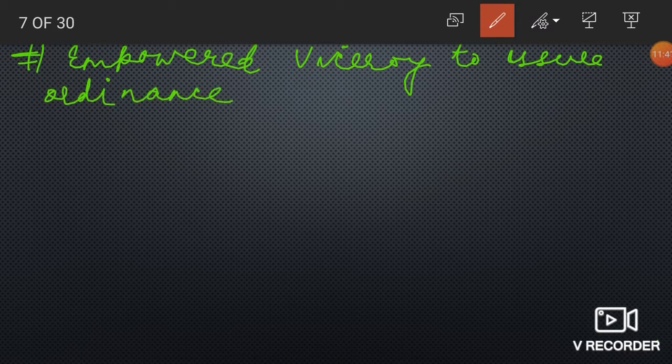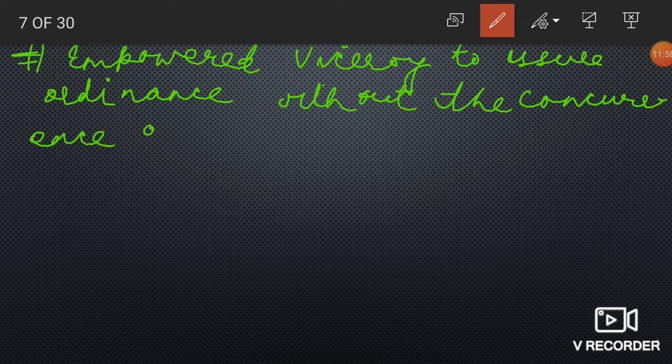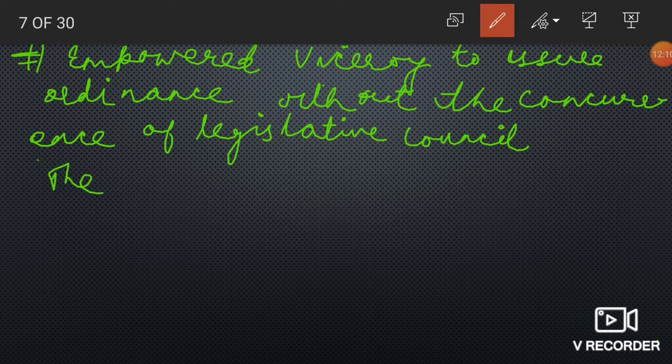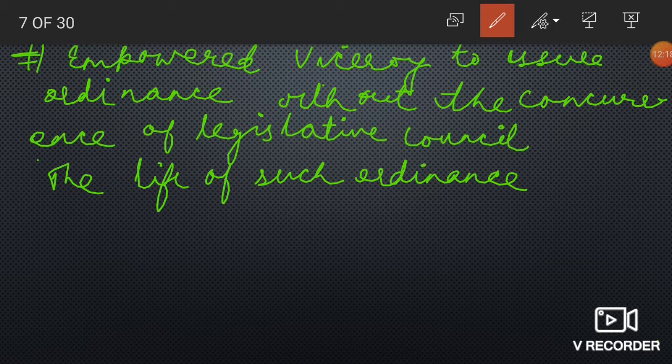And now who can issue an ordinance? At present, the President can issue an ordinance. At that time, the Viceroy was empowered to issue an ordinance without the concurrence of the legislative council, and the life of such an ordinance was 6 months.